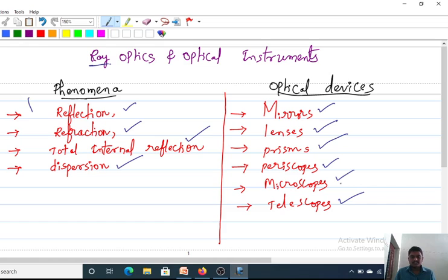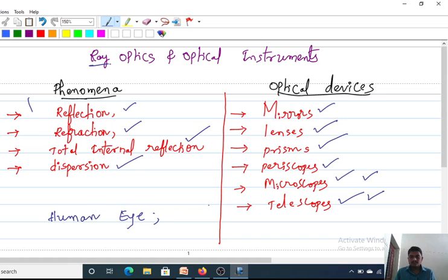In the following classes we will discuss some of the optical devices like microscopes and telescope, and we have discussed the mirrors, lenses and prisms in the previous classes. Okay, now our human eye is also one of the most important optical devices that nature has given to us.